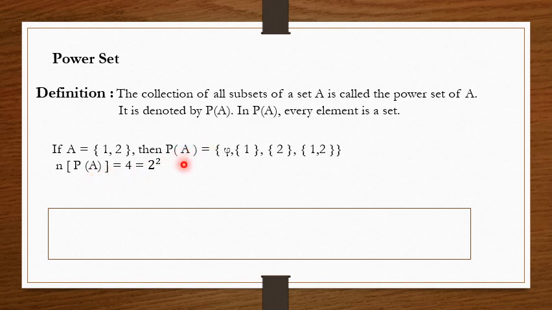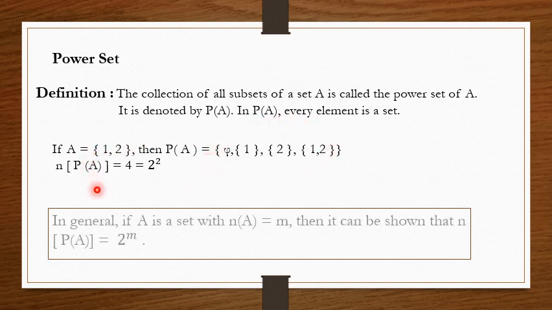How many elements are there in this power set? 1, 2, 3, 4. 4 elements. So n(P(A)), the number of elements in the power set P(A), equals 4. There exists an equation to find the number of elements in the power set of a set A. This is the equation.